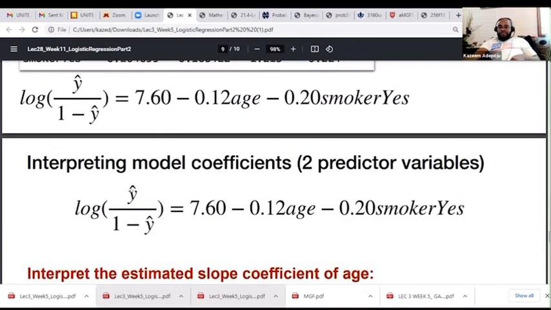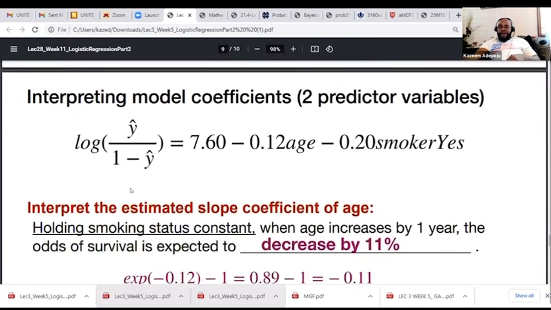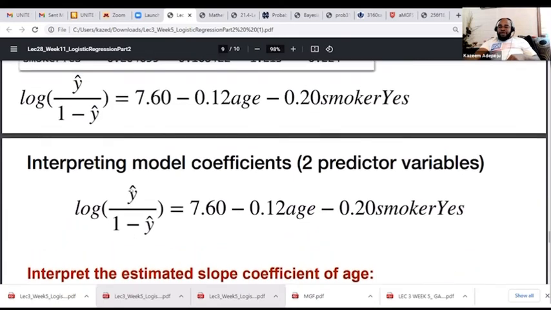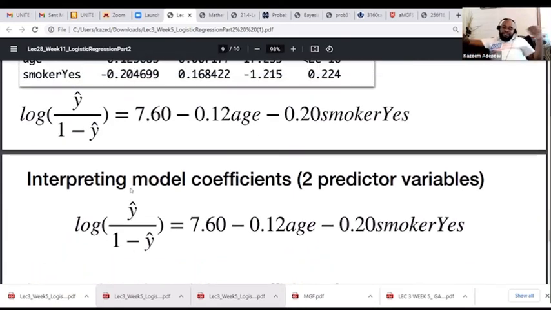We have it in the logit form right now, and the question now is, how can we interpret this? Like I said, you can have it in logit form, you can have it in probability form, you can also have it in odd form. The logit form is the same thing as log odd form. So right now, I'm actually presenting that in log odd form, which we call logit form.